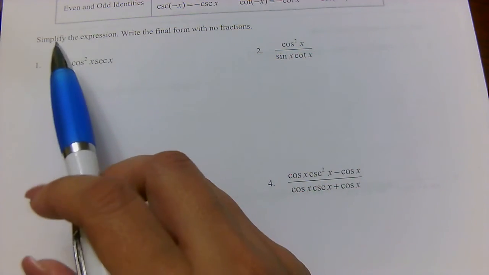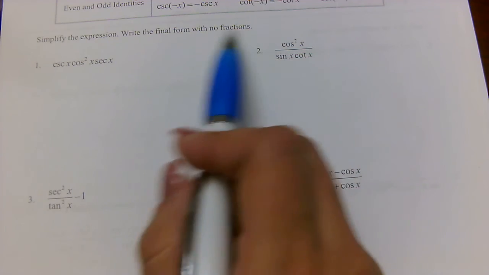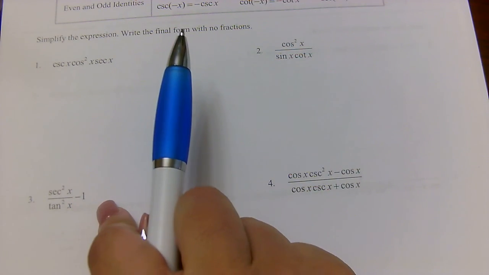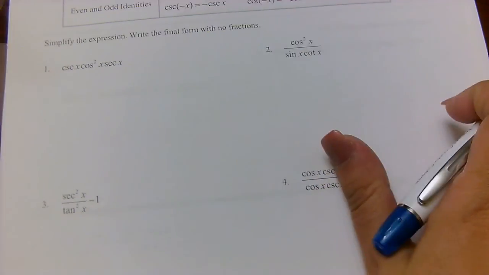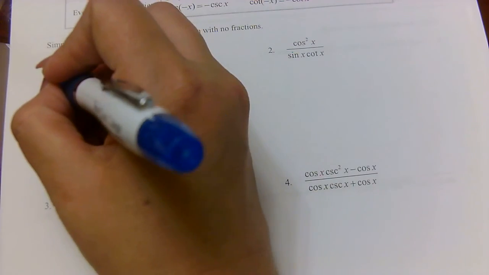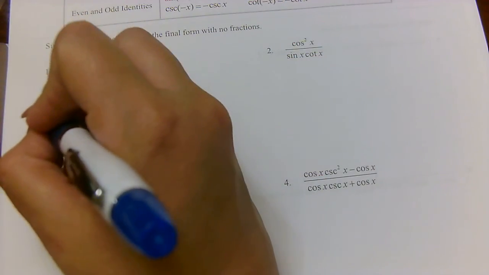Okay. Over here, we're going to simplify the expression, write the final form with no fractions. So in other words, what we're doing is we're just simplifying it to a single trig function or a number. Okay. So the first thing I'm going to do here is look at the individual trig functions. Here I have cosecant. That's the same thing as saying 1 over sine.